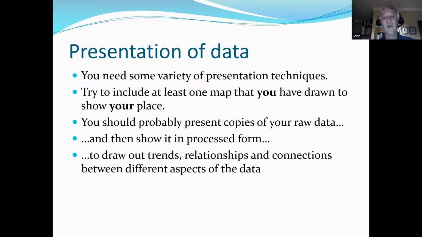And if it doesn't work, then you've either got to explain the few anomalies, or if the whole thing doesn't work, if the connections that the trends you expect to see don't come out, well, why didn't they? Was your hypothesis wrong? Was your data collection wrong? Can you come up with a better explanation for those trends?